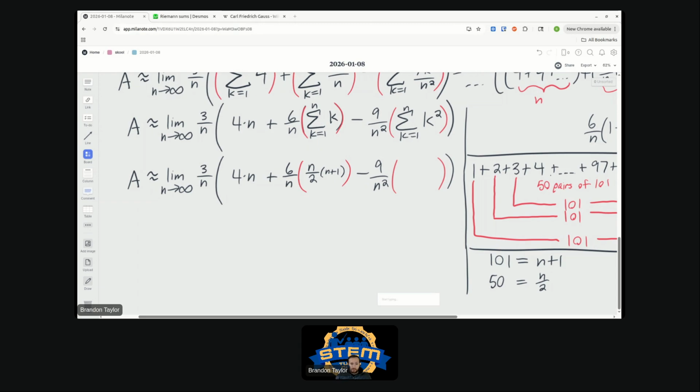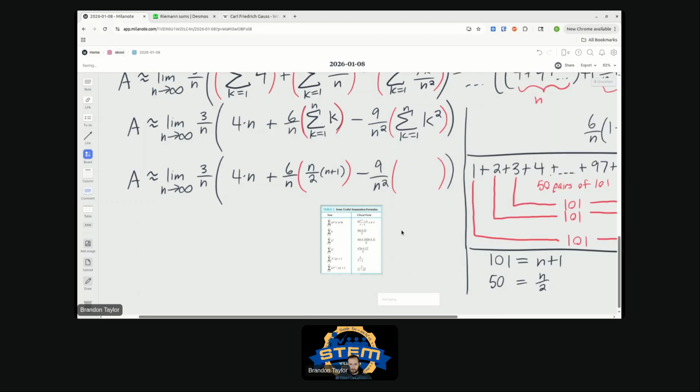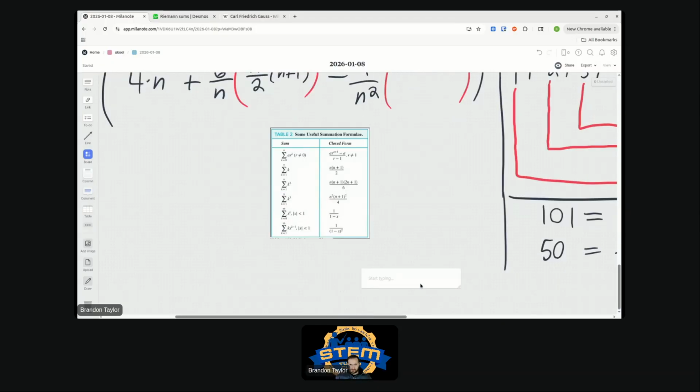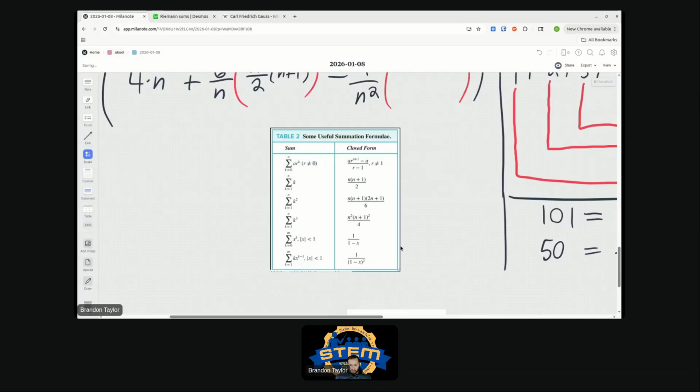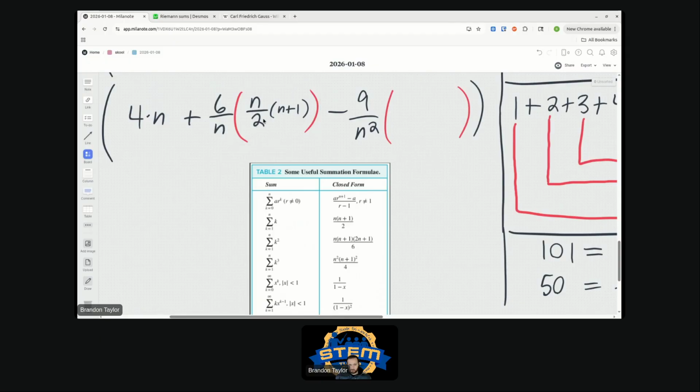Once this was discovered, they came up with a bunch of other variations of it as well. Those are a lot more complicated. I won't get into those, but I'll just leave this table here. In terms of this table, you can see that what we just did is the summation of k, and that's the formula we used, n over 2 times n plus 1.